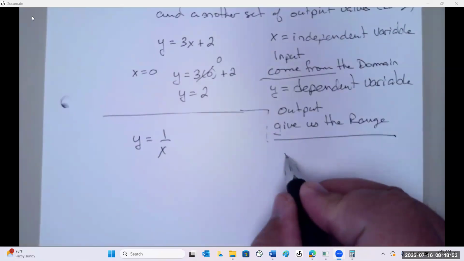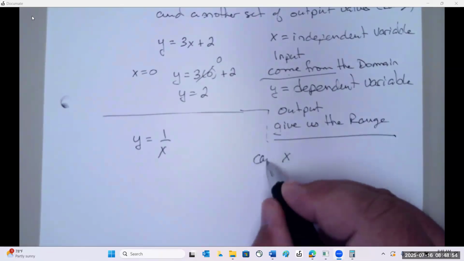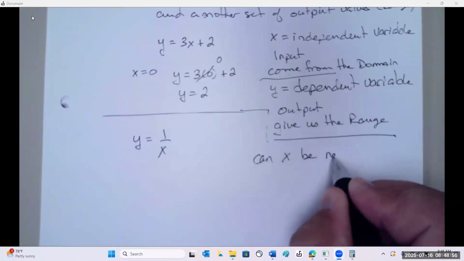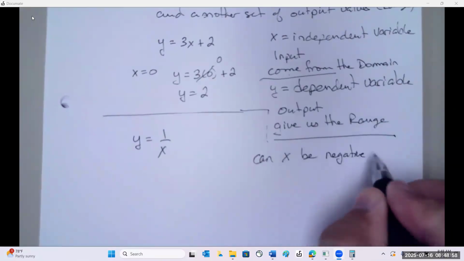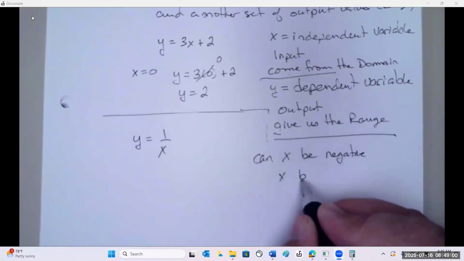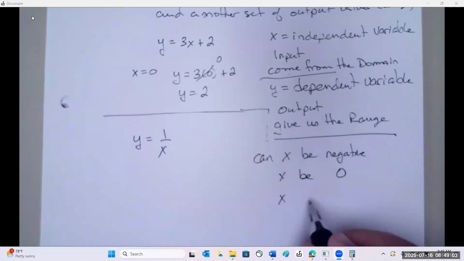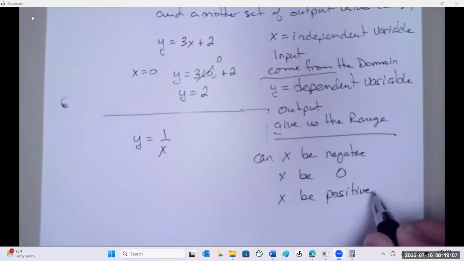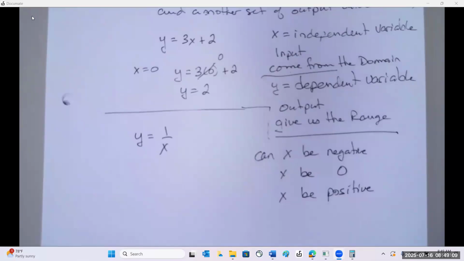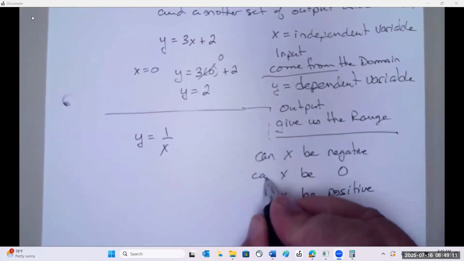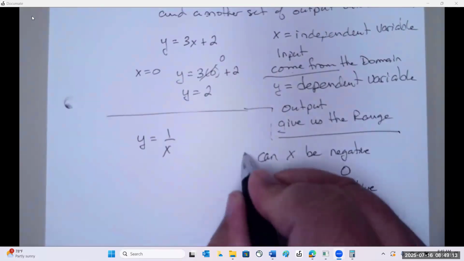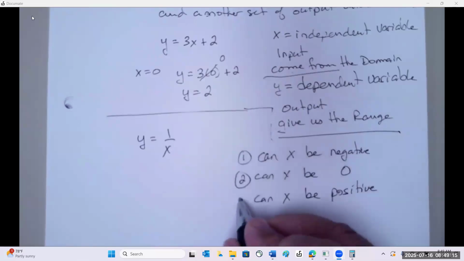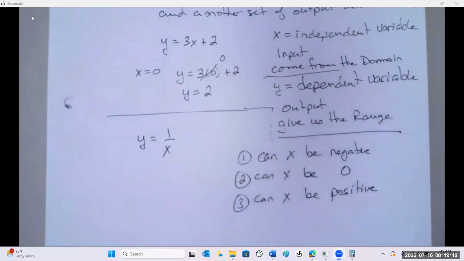Can X be negative? Can X be 0? Can X be positive? Those are the 3 questions that you have to ask when you look at the values for your independent variable, for what you're going to put in the function.